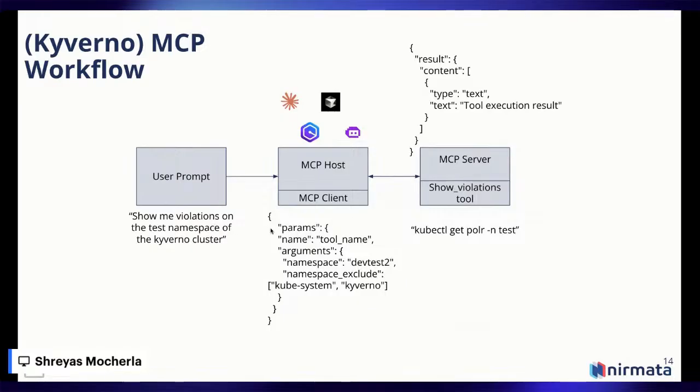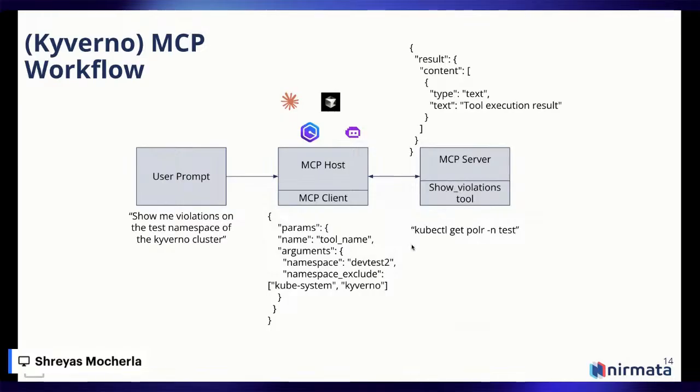It says, all right, this is the tool that we can call, and here are the arguments, and it extracts certain values from the user intent and plugs them into the tool call. For example, here it's dev test 2, but it can be test or dev test 2, you name it, right? And then it's fed into the MCP server, and the MCP server calls the tool, right?